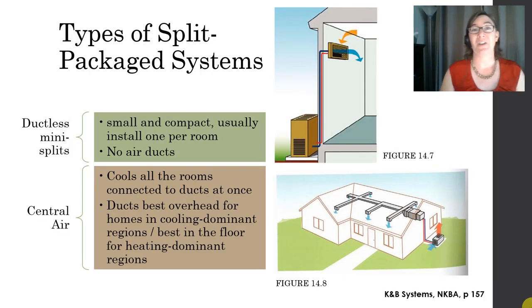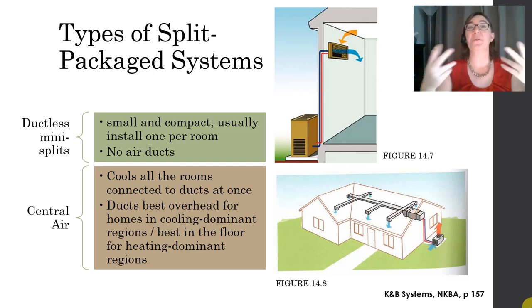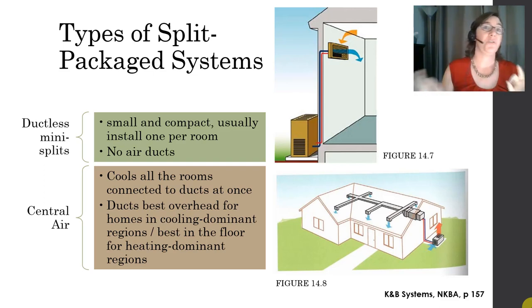These split packaged systems can be further subdivided into two different types, the ductless mini splits, I don't know who comes up with these names, and the central air system. So the illustration we just saw on the last slide, and that's repeated right here, is of a central air system.